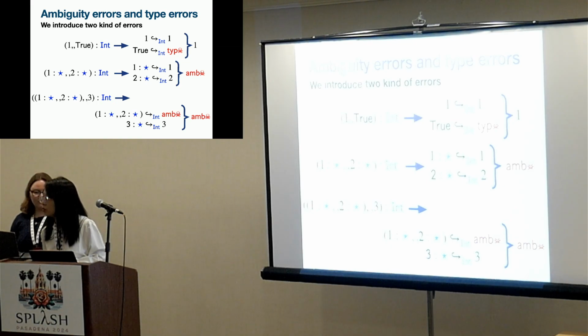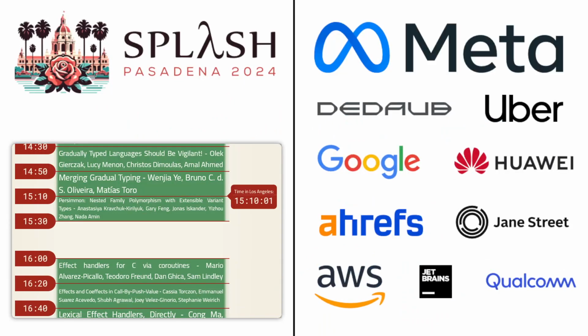I feel like it would be useful if the compiler would tell me this is ambiguous. Yeah, if it's a dynamic value, like if you annotate it with star, it means that you want to bypass the type checker, so it will not be detected at compile time, but it will be detected at runtime. So it's just in the case of star? Yeah. Okay, thank you.